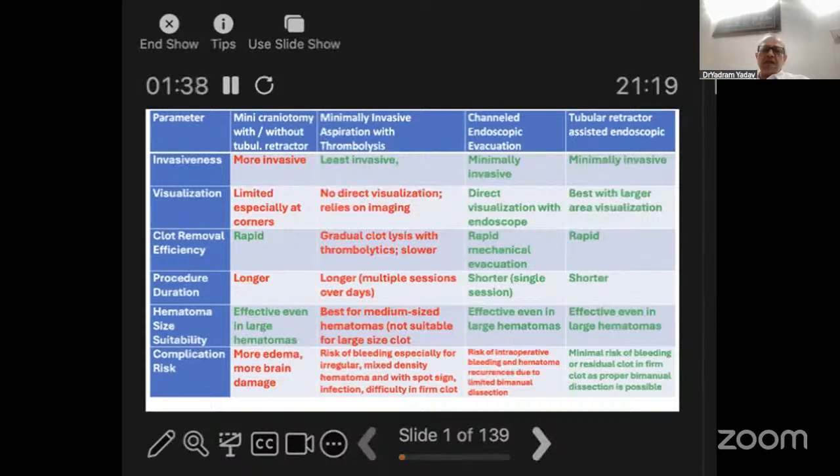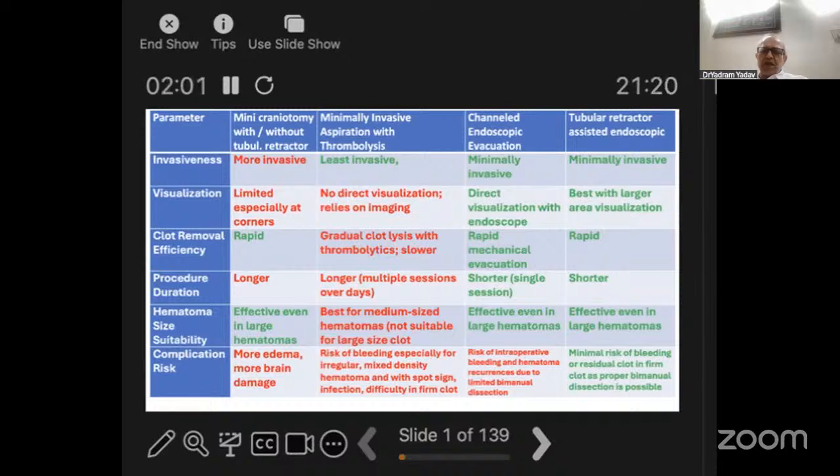In this slide, the green color highlights the advantages of the four techniques which are given, and the red indicates the limitations. So among these, you can see that the endoscopic approaches, particularly the tubular retractor assisted surgery, have the most balanced advantage.